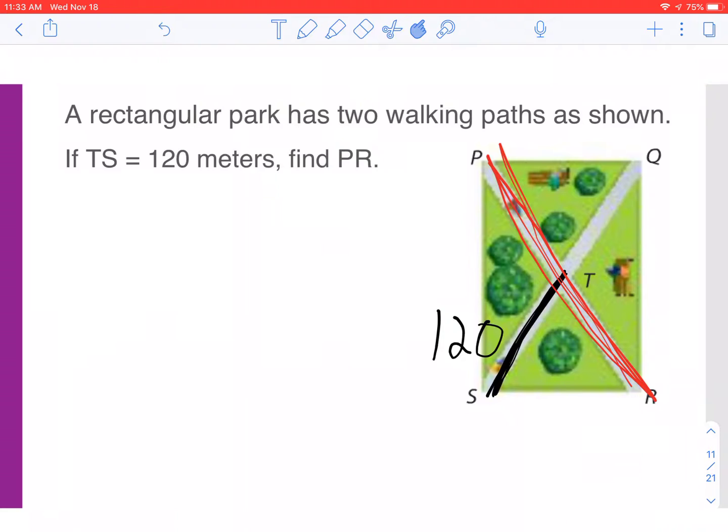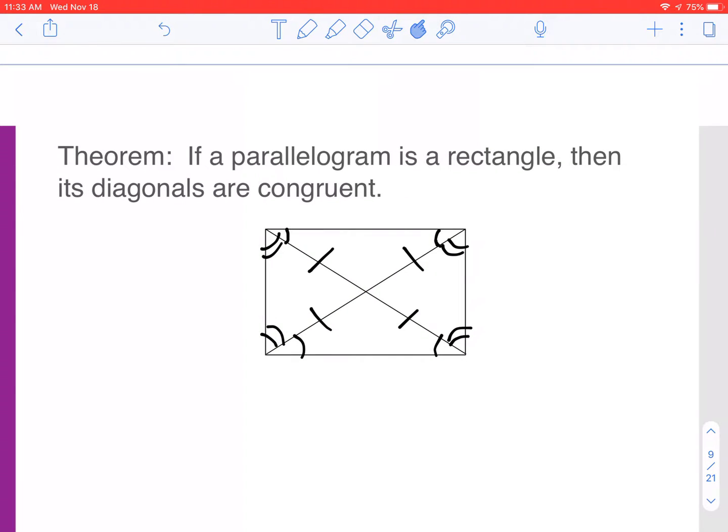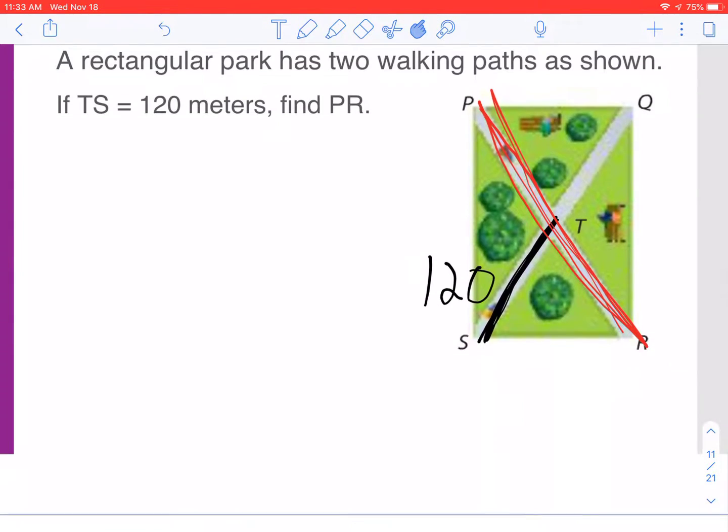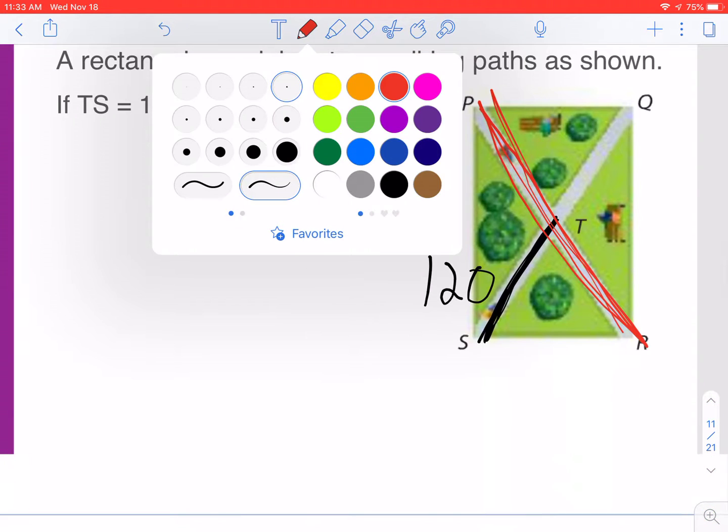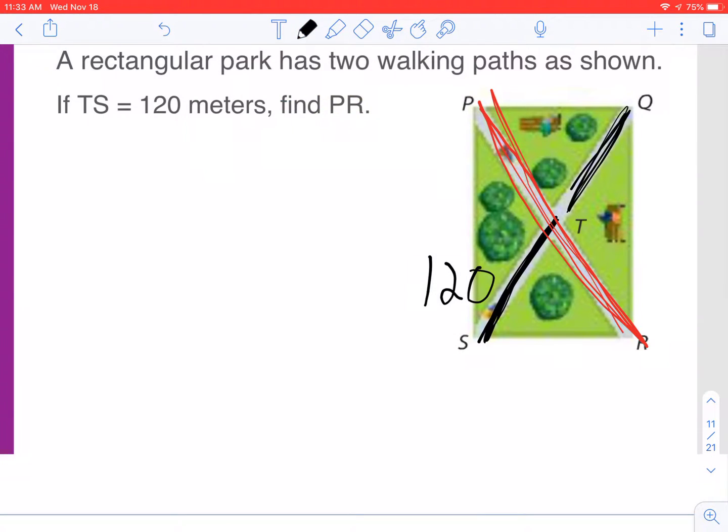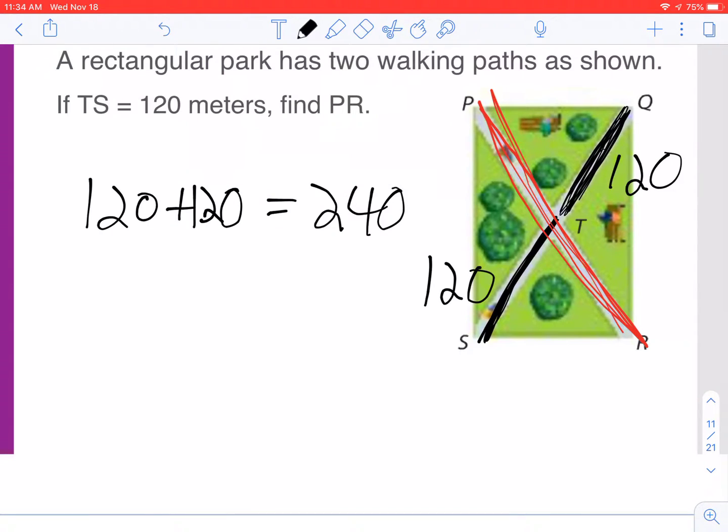We just marked all of those congruent, which means that this one, QT, is also 120, and I just do 120 plus 120, and I get 240 for my answer. Because PR is equal to QS. They are both the same length. All of those segments are 120, and they add up to 240.